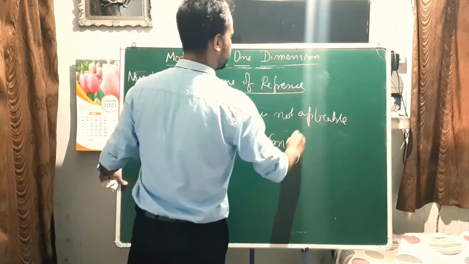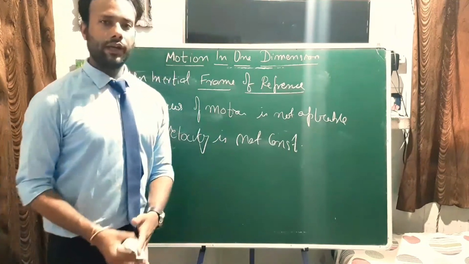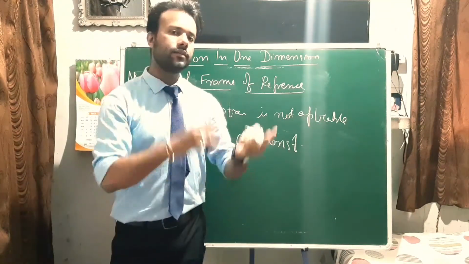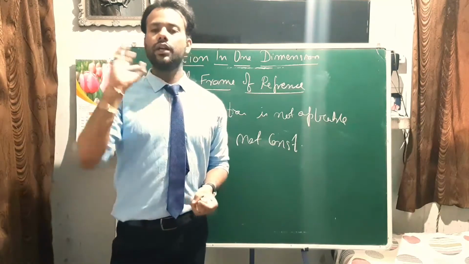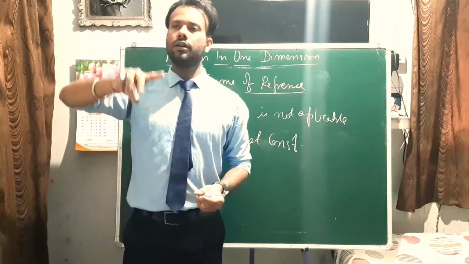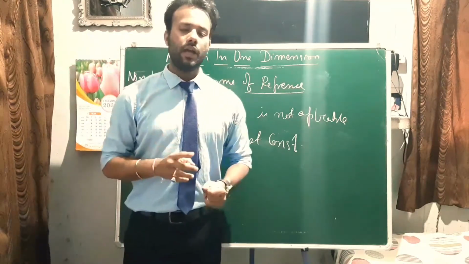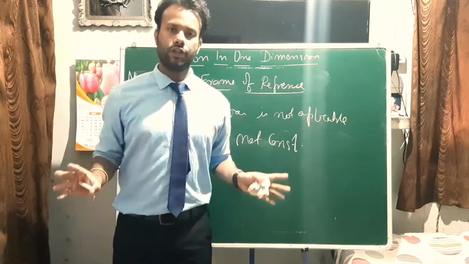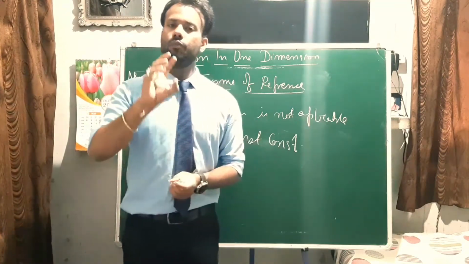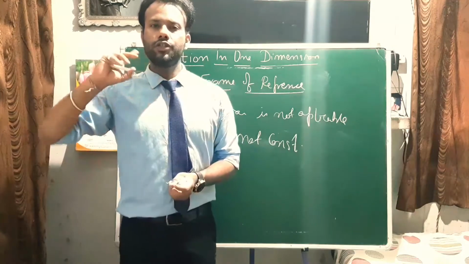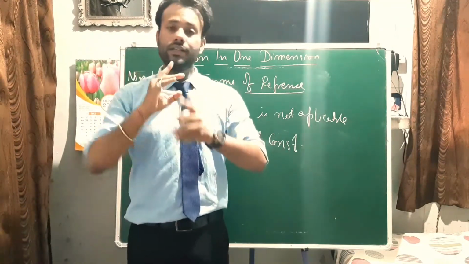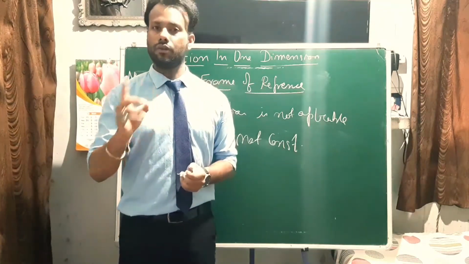So any frame which has some retardation or acceleration, or it is rotating on its axis, because suppose this room starts rotating on its axis and the speed of the room is, let's say, constant. It is rotating, if the linear speed is 2 meters per second, but as the room is rotating, that means it is changing its direction continuously, and if it is changing direction, that means the velocity is not constant.